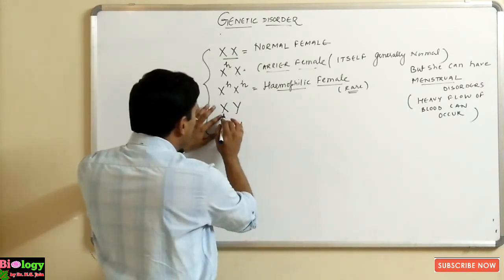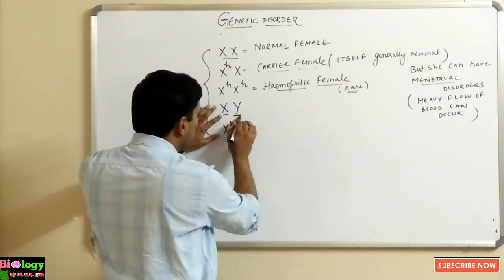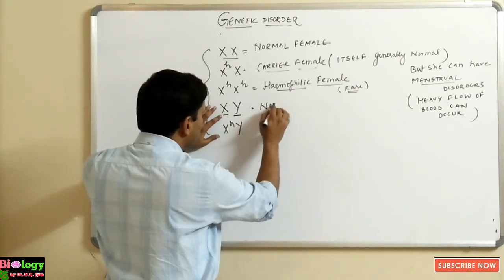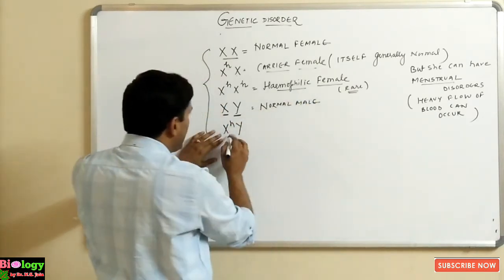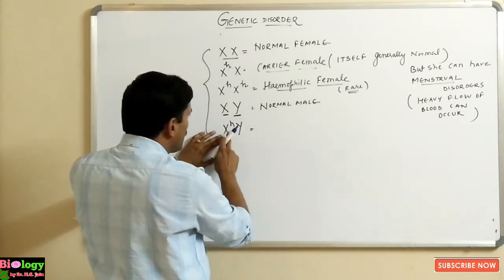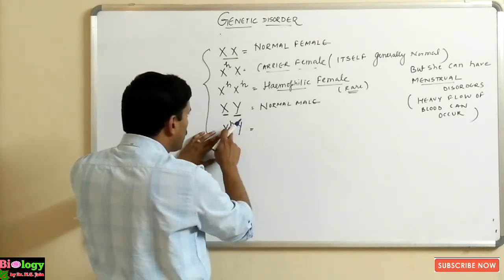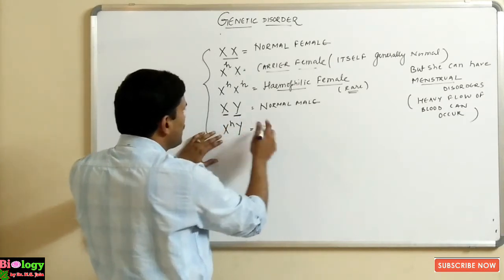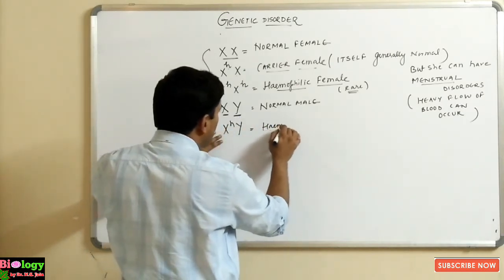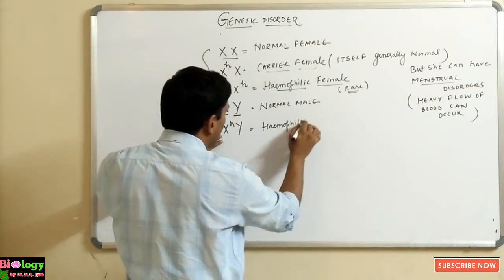Now a male has one X chromosome only, and the other chromosome is called Y, so such a male will be called a normal male. Another male who has one X with the hemophilia gene on it will be called a hemophilic male.